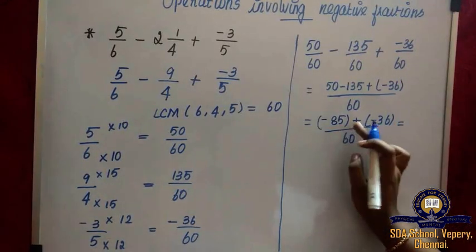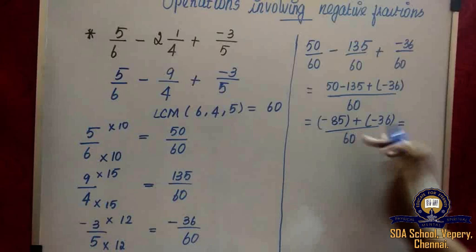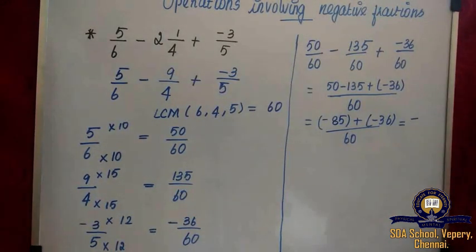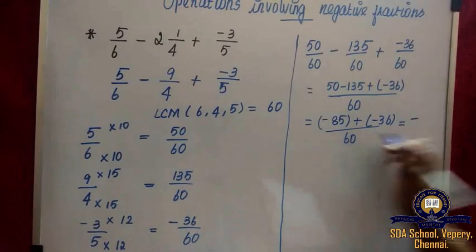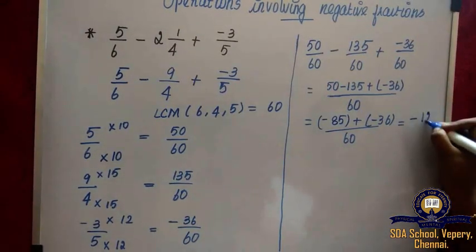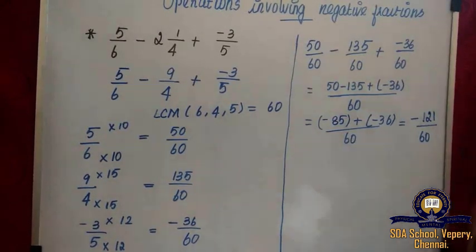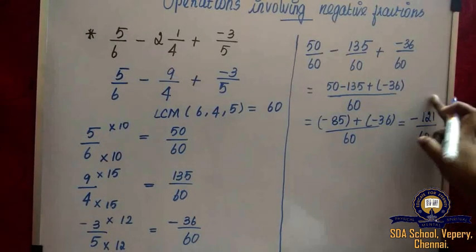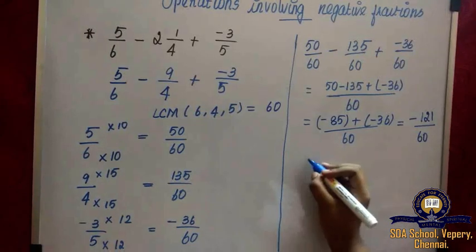So, you are adding two negative integers. So, it should be a negative integer and we have to add them. So, 85 plus 36 is 121 by 60. So, we have obtained minus 121 by 60. This is an improper fraction. So, we need to convert it into mixed fraction.